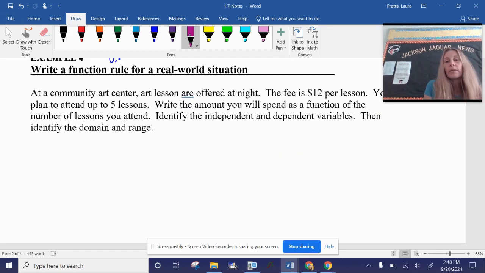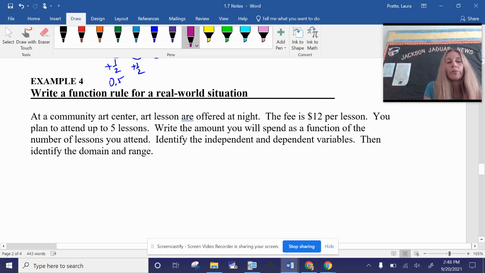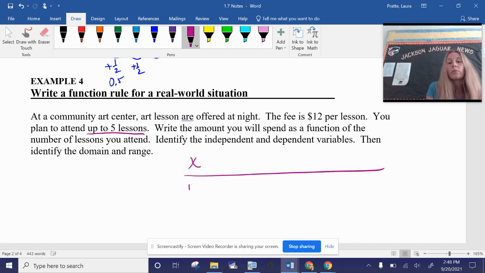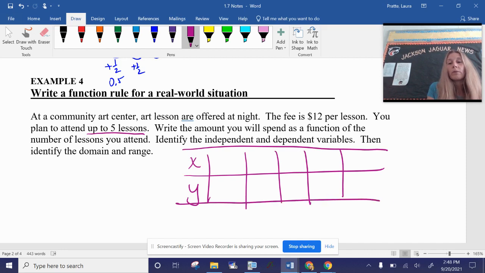Offered at night, the fee is $12 per lesson, and you plan to attend up to 5 lessons. Write the amount you will spend as a function of the number of lessons. So it might be easier for you to work with a table. If not, you don't have to do the table, but it might give some people a little bit of a visual.